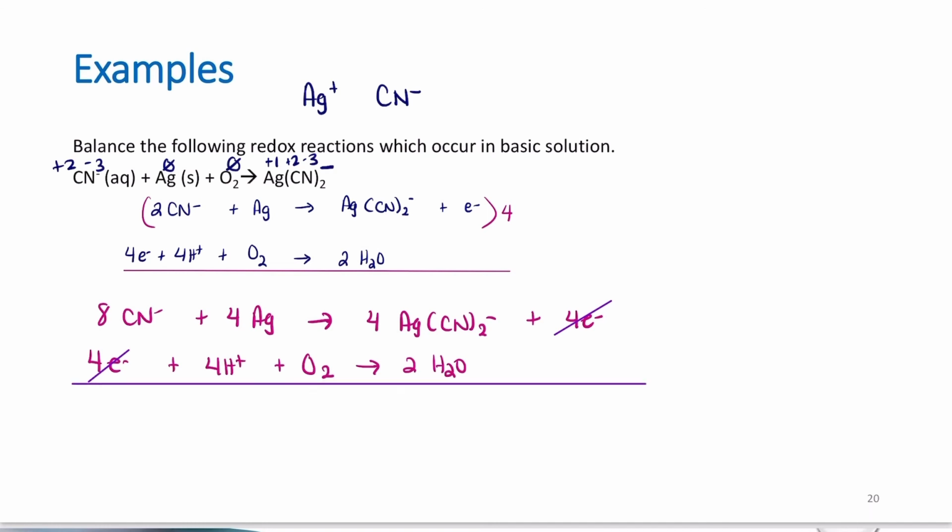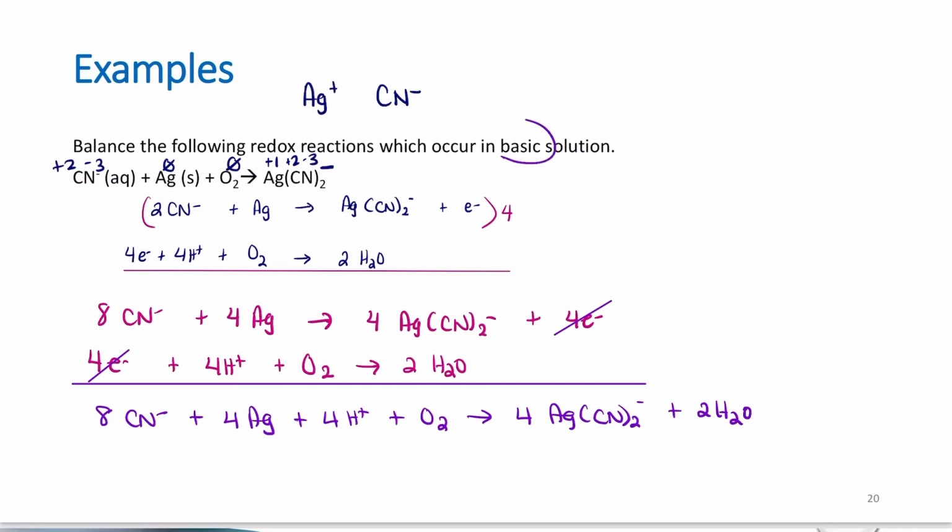Let's add up my reactions. 8 CN minus, 4 Ag, 4 H plus and an O2 give me 4 AgCN2 minus plus 2 H2O. I keep forgetting to write that CN.